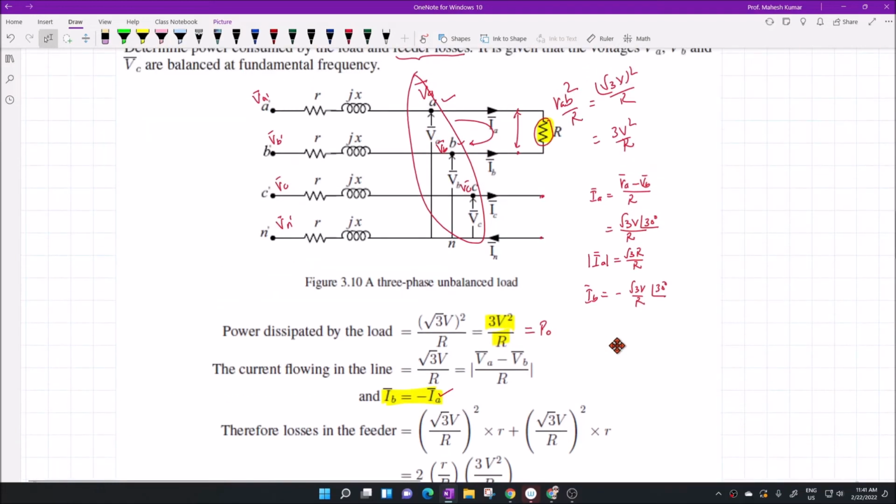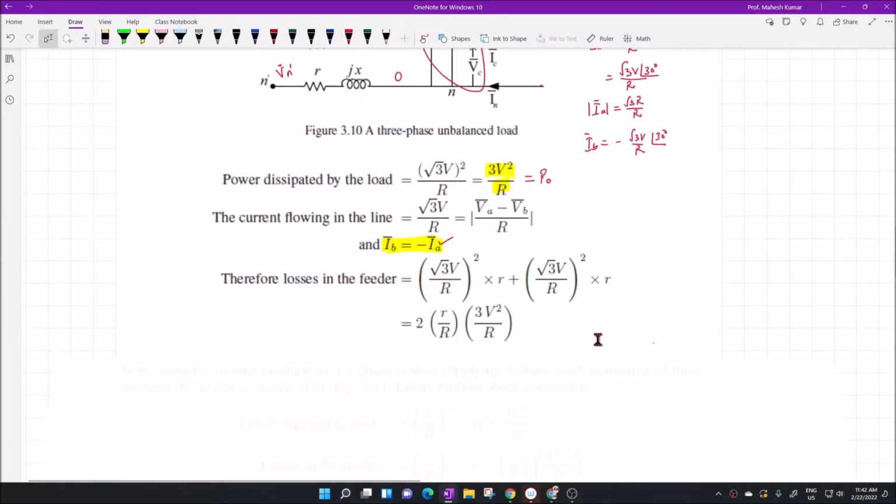Since current flows only here and here, and this current is 0, this current is 0, the losses will be only in these two feeders, that is IA square into R plus IB square into R. So these losses will be root 3 V by R, squared, times R, where this is the magnitude of IA, and similarly the magnitude of IB, which are the same.